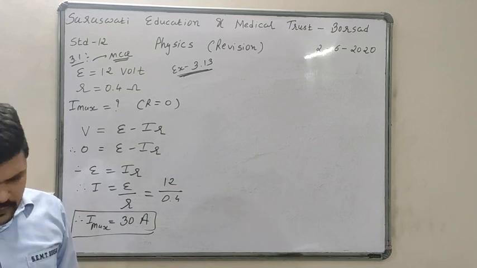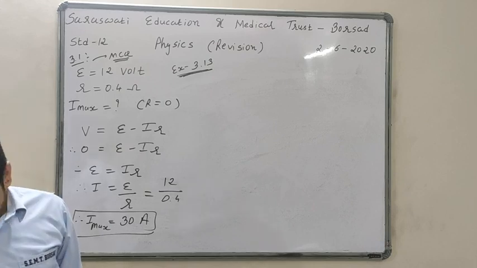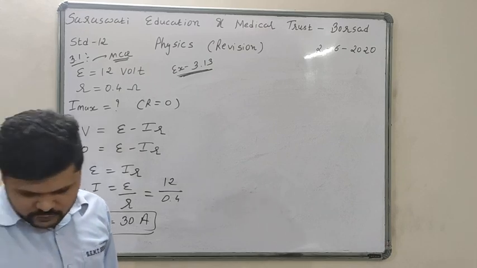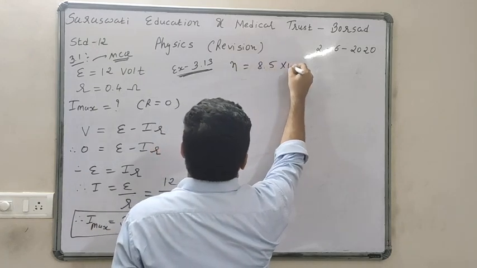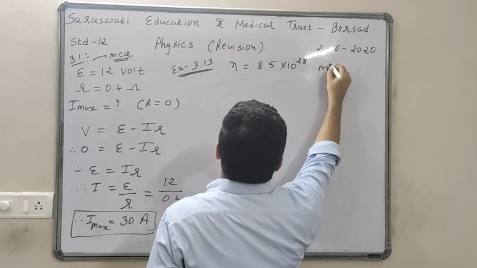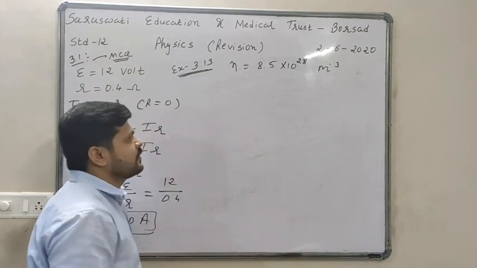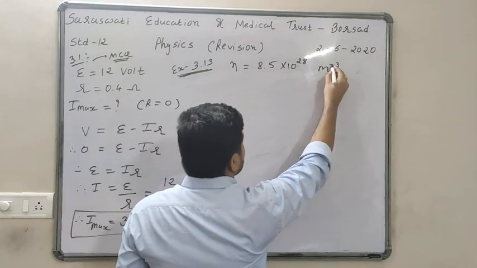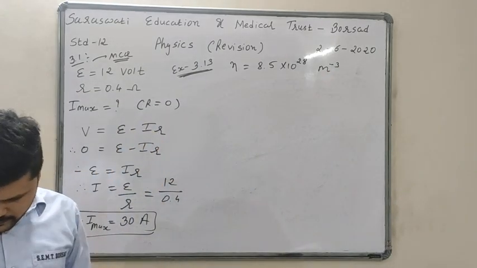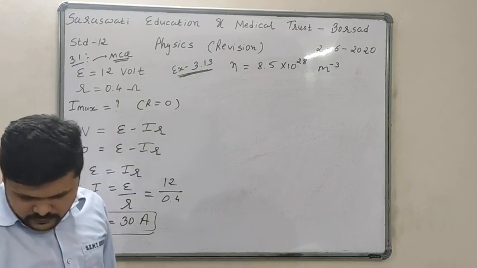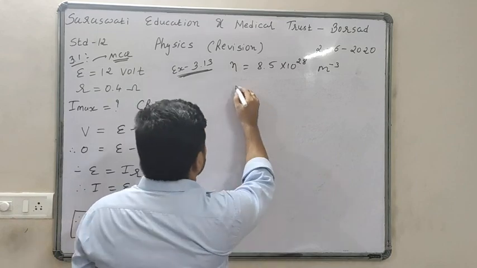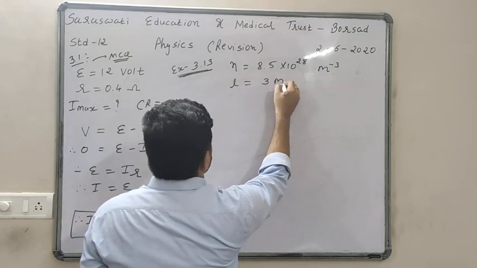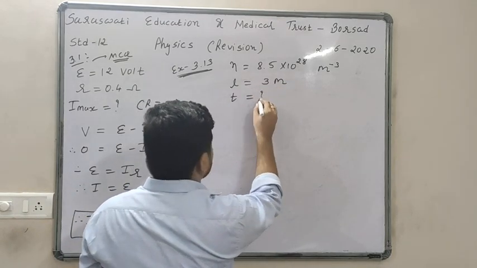Suppose the number density of electron is 8.5 into 10 raised to 28 meter raised to minus 3. We are asked to find out, if this electron is flowing through a length of 3 meter, how much time it will take.